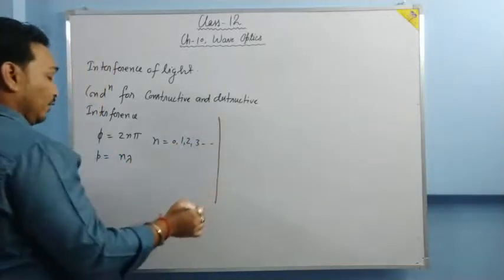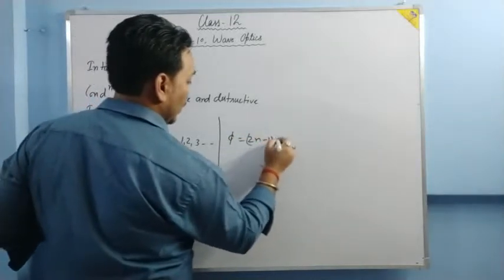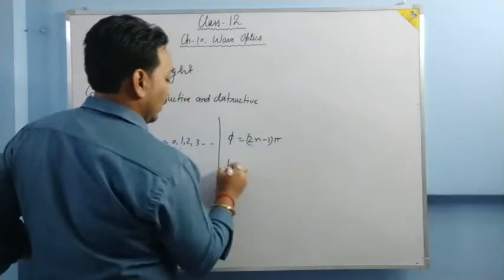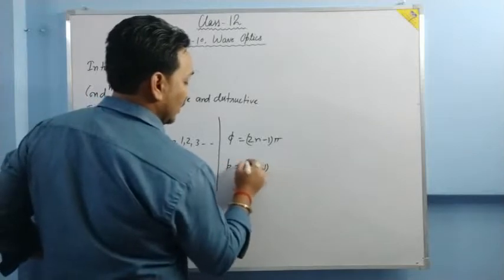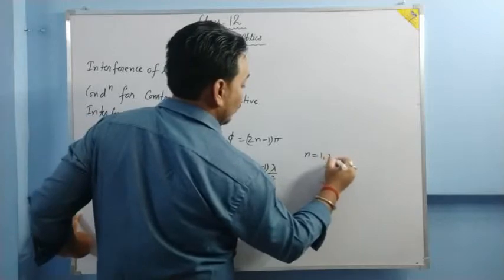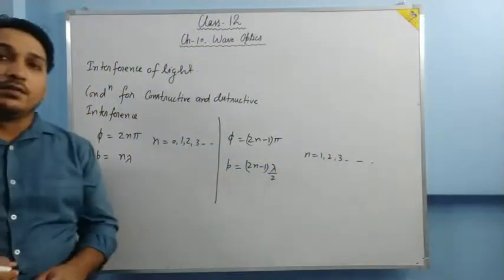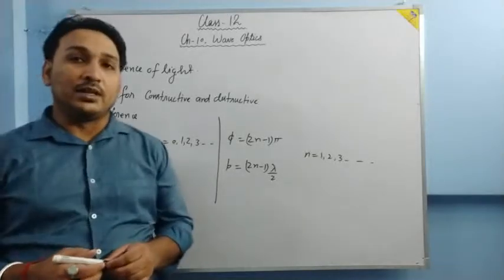Whereas for destructive interference, the phase difference was (2n minus 1)π, and the path difference is (2n minus 1)λ/2, where n starts from 1, 2, 3, and so on. In the last video lecture, we studied the position of maxima and minima.